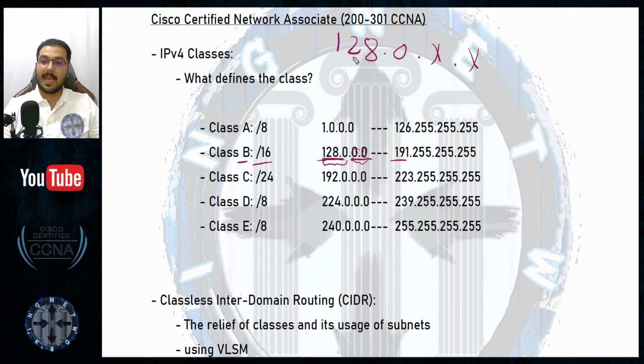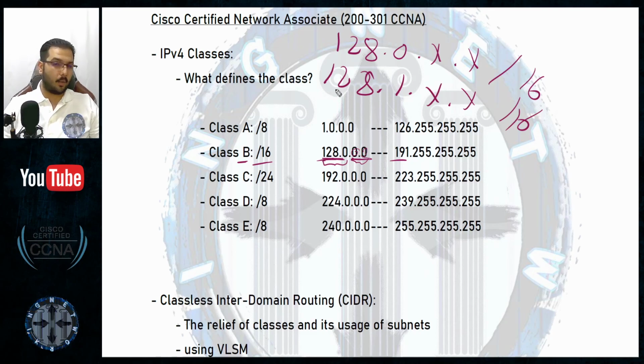What I mean is, 128.0.whatever cannot communicate at all with 128.1.whatever. Impossible in the same broadcast domain, because this is a network part, fixed, you cannot manipulate, and this network part can only communicate with another IP address that has the same network part.